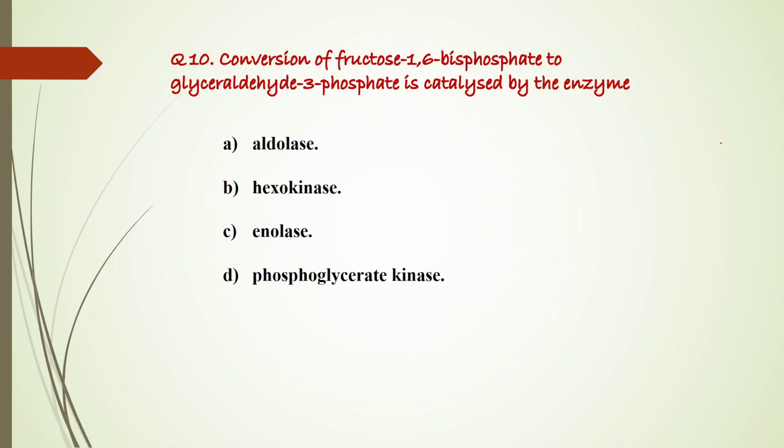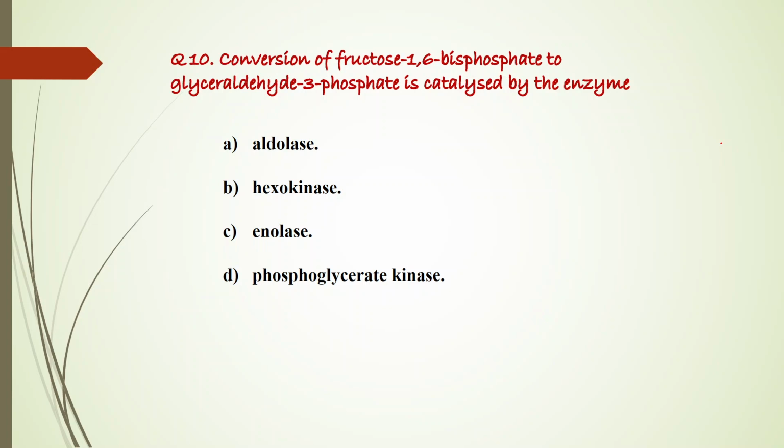Okay, in this question it says conversion of fructose 1,6-bisphosphate to glyceraldehyde 3-phosphate is catalyzed by which of the enzymes that are given. So you have your fructose 1,6-bisphosphate, and through which you are forming glyceraldehyde 3-phosphate.